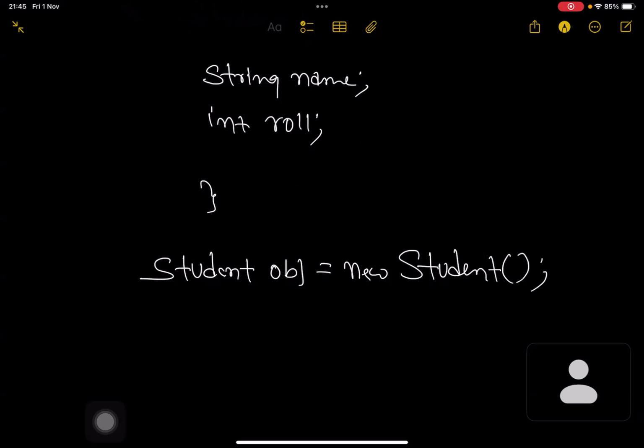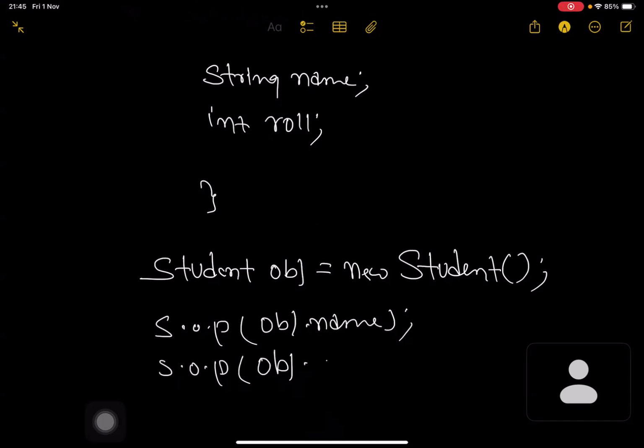Now if I print here System.out.println(obj.name) and System.out.println(obj.role), what output will we get? Null and zero. Null and zero.